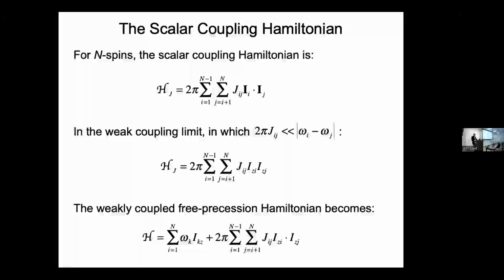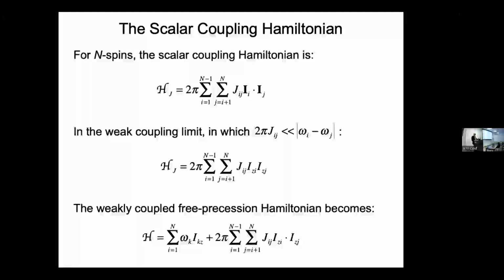And remember, the Liouville von Neumann equation had a commutator in it. So the fact that these commute means we can calculate the chemical shift evolution independently of the J coupling evolution. And we can do the calculations in any order we want. If it's convenient for you to calculate the chemical shifts and then calculate what the J couplings are, that's fine.